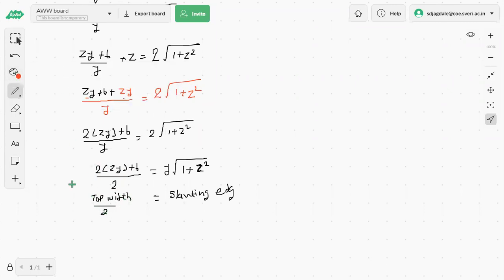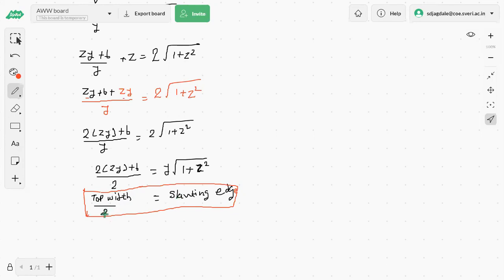It means that for a trapezoidal section to be the most economical section, its slanting edge must be half of the top width, or the top width must be 2 times the slanting edge.